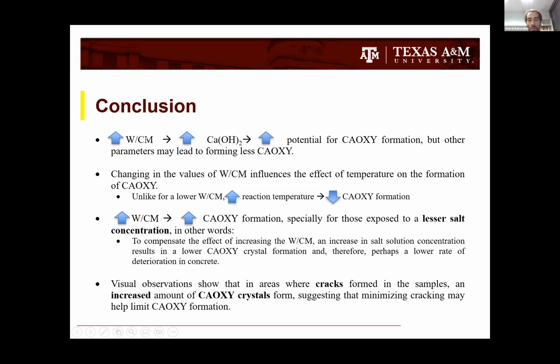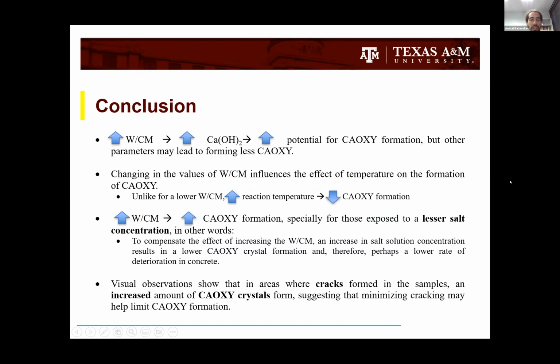By increasing the water to cement ratio, it's obvious that we have more calcium hydroxide. So we have more potential for KXC formation, but other parameters may lead to forming less KXC. Changing the water to cement ratio influences the effect of temperature on the formation of KXC.